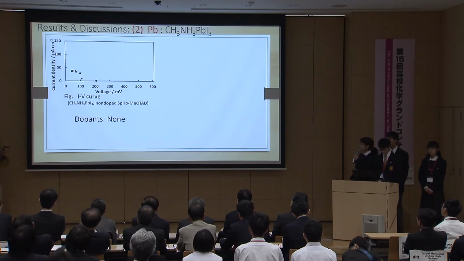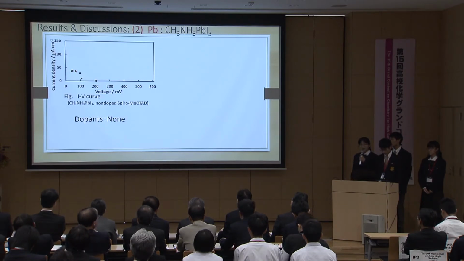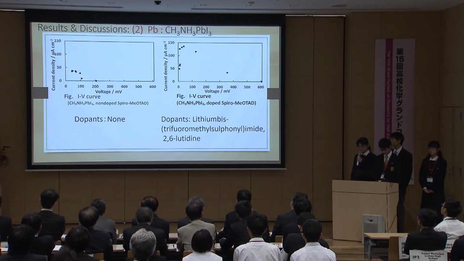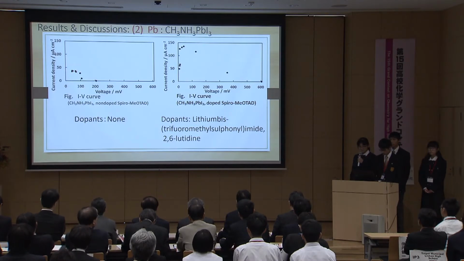Second, horizontal axis is voltage, and vertical axis is current density. At first, we used spiro-OMeTAD as a hole conductor layer, but it was changed into doped spiro-OMeTAD. Dopants are lithium compound. The current and the voltage were improved thanks to the dopants.